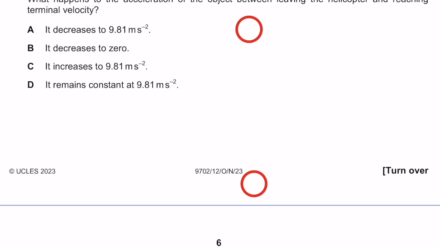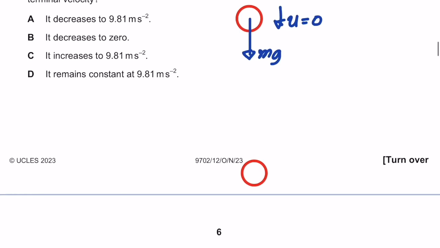At the beginning there's only one force, the weight of the object, because the speed is 0. The drag force depends on the speed. There's no speed, there's no drag force. At the end, the gravitational force mg will be cancelled by drag force.